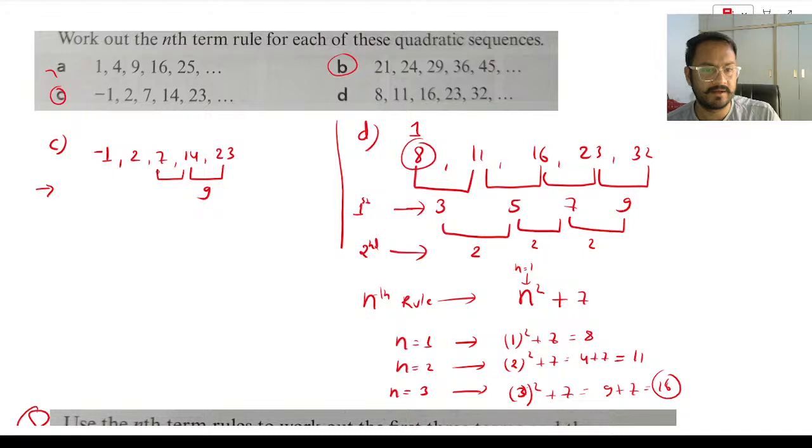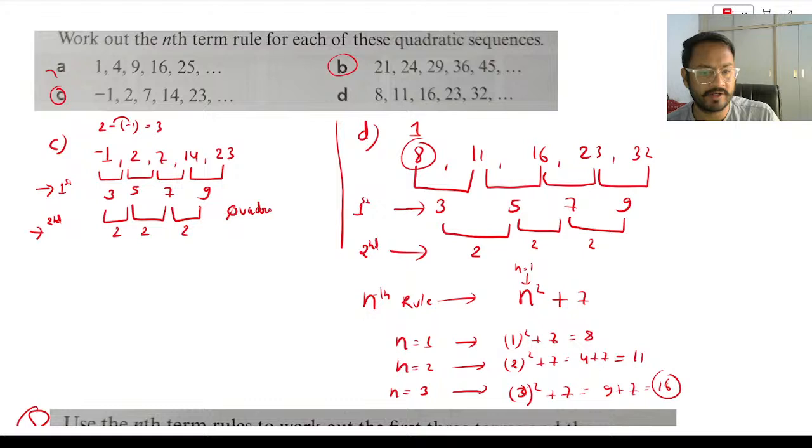That is how we got the first difference. Then the second difference: 9 minus 7 will be 2, 7 minus 5 will be 2, 5 minus 3 will be 2. We got the second difference. Whenever the second difference is the same, we are sure that it is a quadratic sequence.